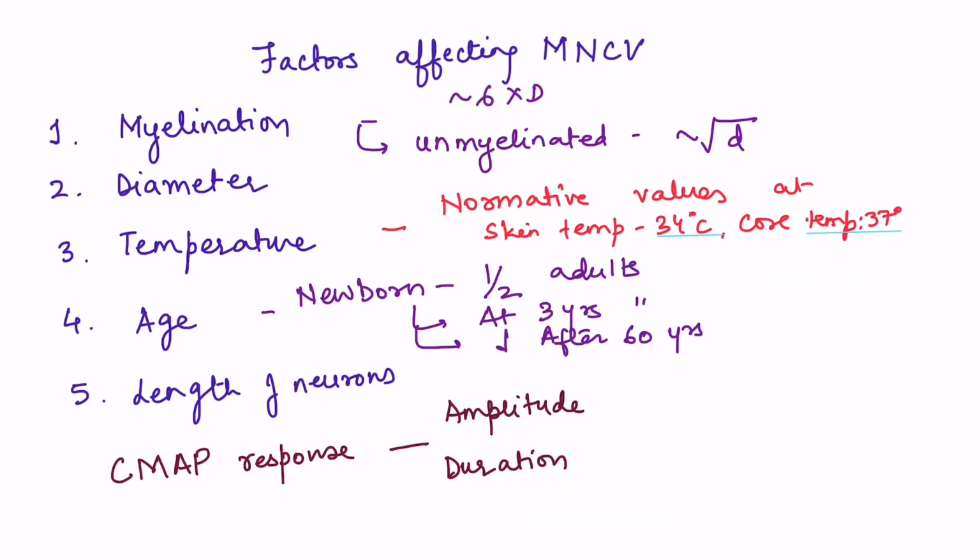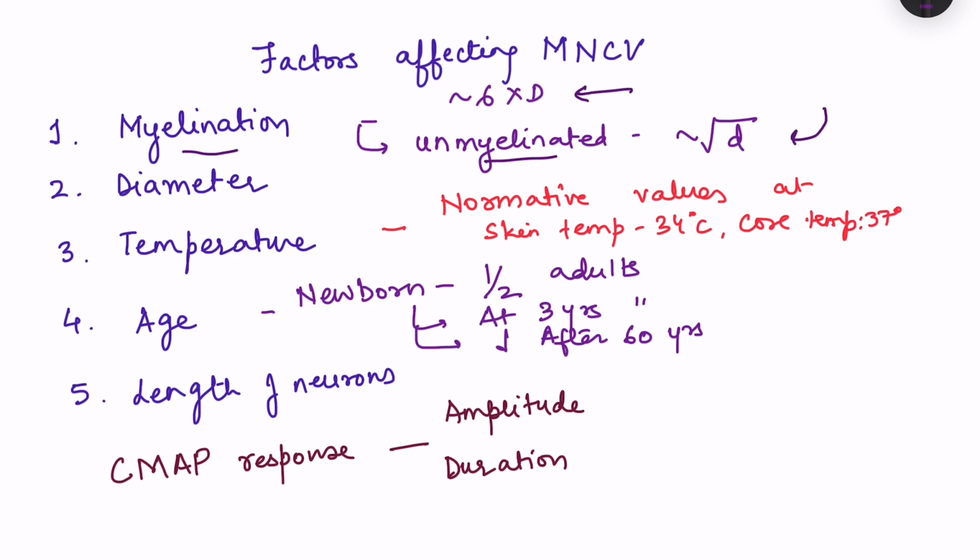Now there are certain factors which affect motor nerve conduction velocity. What are these factors? One, whether the neuron is myelinated or unmyelinated. If the neuron is unmyelinated, the nerve conduction velocity is proportional to the square root of the diameter of the neuron. On the other hand, if the neuron is myelinated, then the nerve conduction velocity is proportional to 6 times the diameter of the neuron.